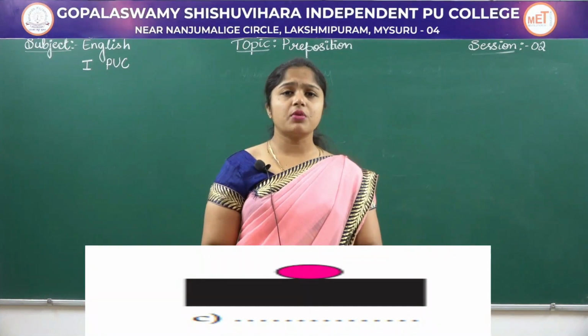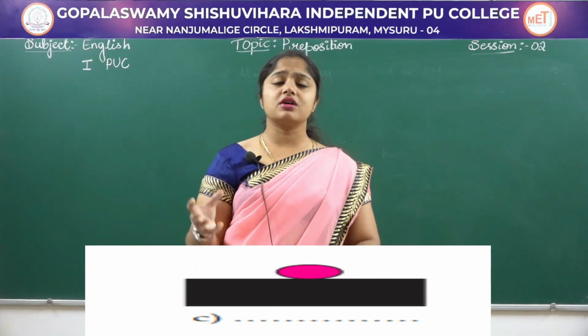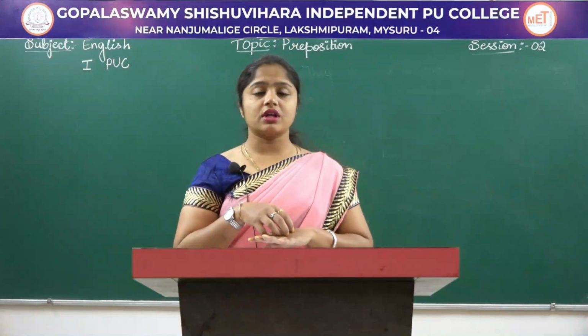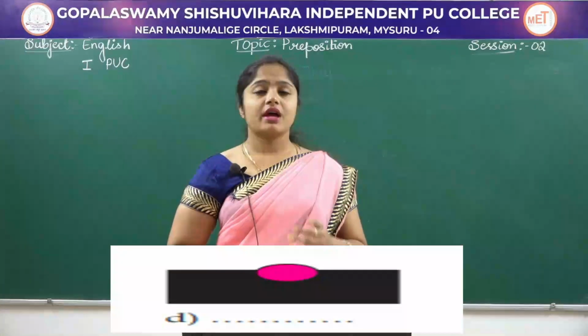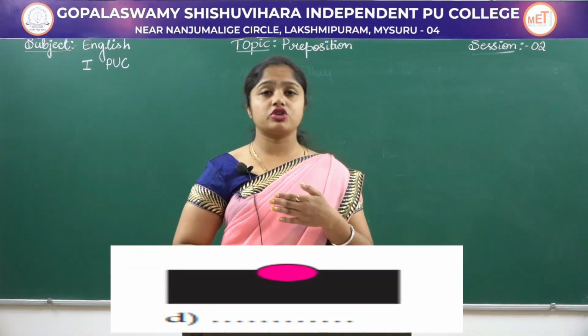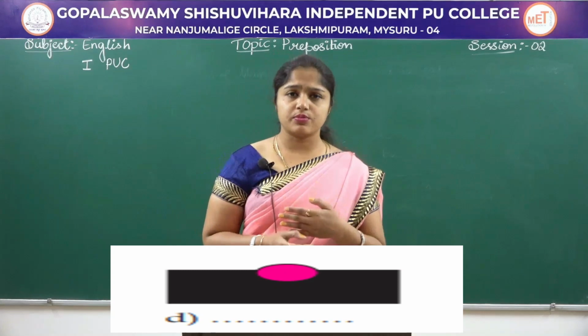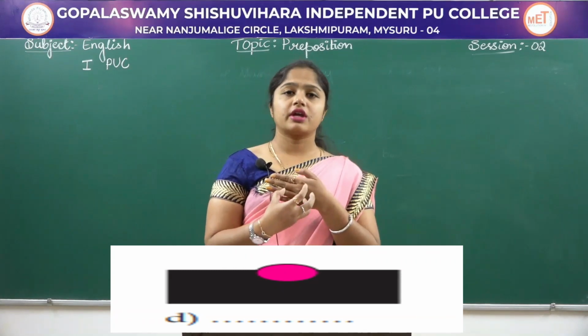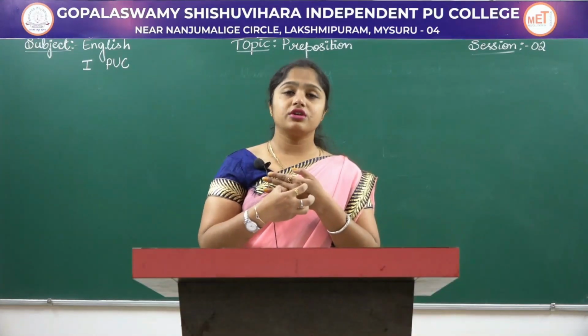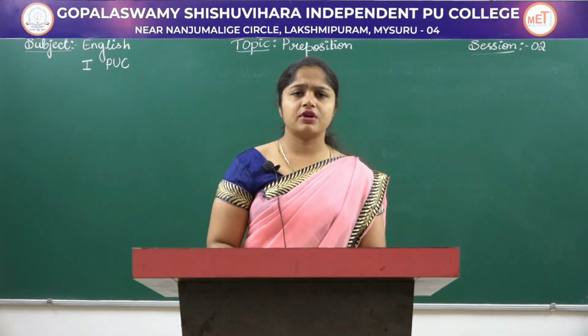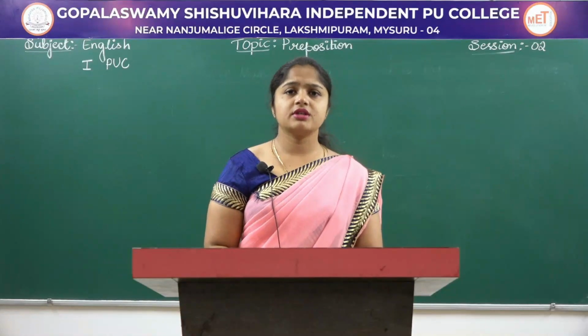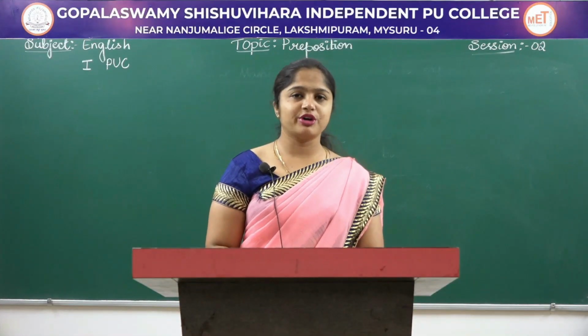Third one, there is a box and there is a ball on top of the box, that is on. In the fourth picture, there is a box and there is a ball, that is in front of. Yes, we have answered 4 questions. The remaining 4 you have to do by yourself.